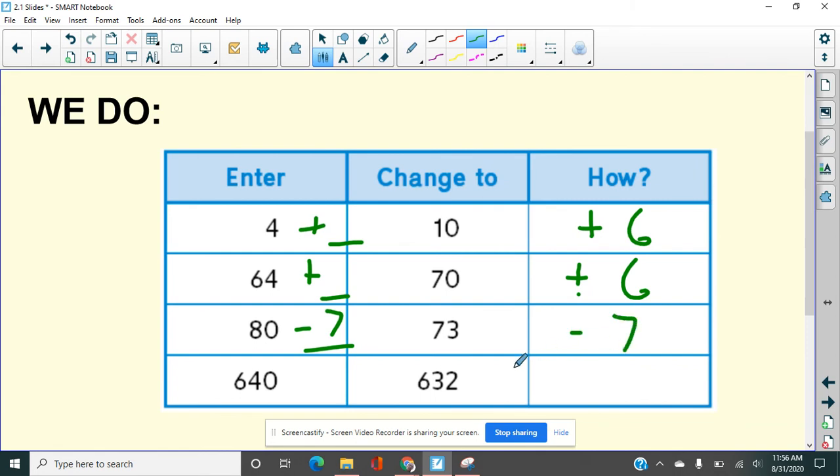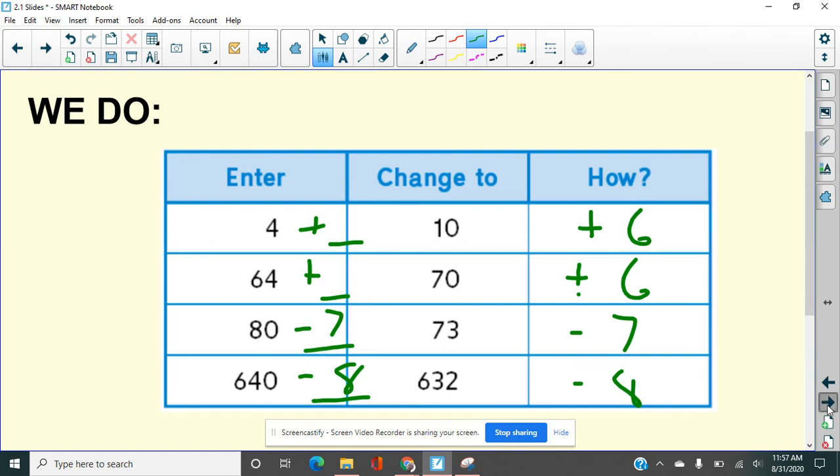I subtracted 7. All right. What if we were at 640 and we wanted to go down to 632? How much would we have to get rid of? What would we have to subtract there? We'd have to subtract 8 because 2 plus 8 equals 10. So we want to get a group of 10, subtracting there.